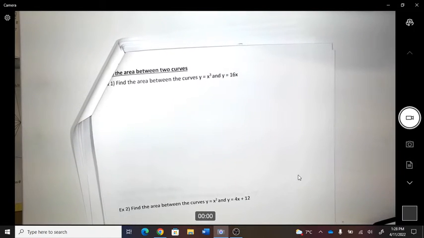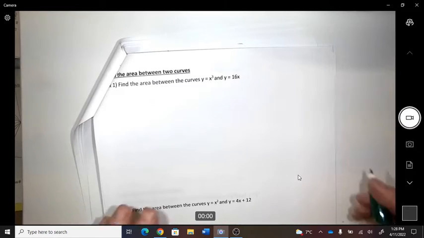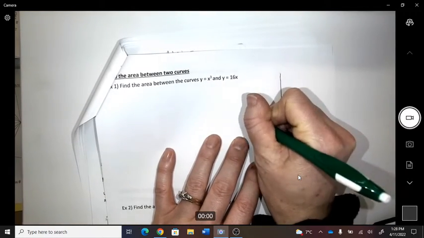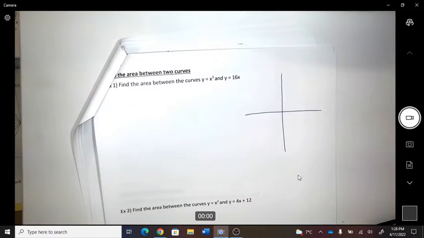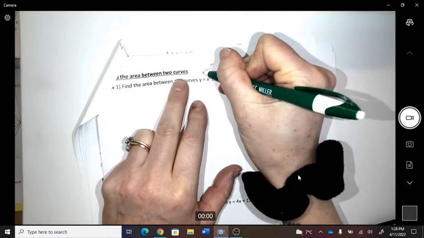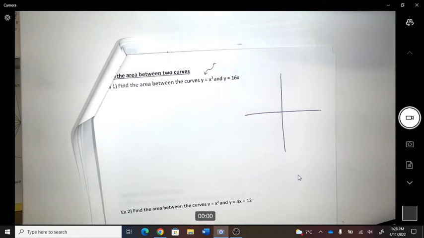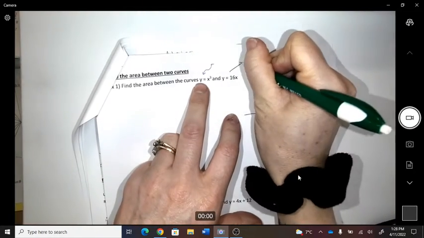Find the area between that and that. Okay, so I'm a visual person and I'll show you what this looks like. This is a cubic. And what is 16x? What kind of shape is it going to make? A straight line.